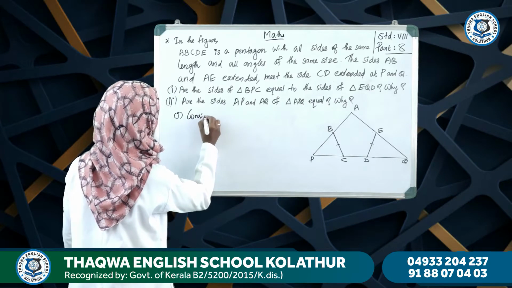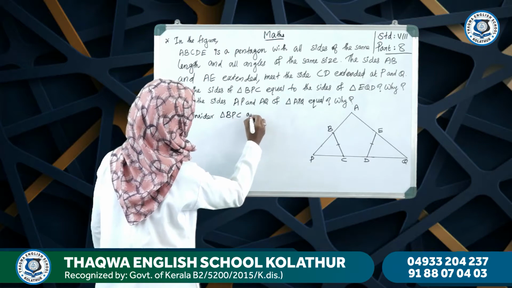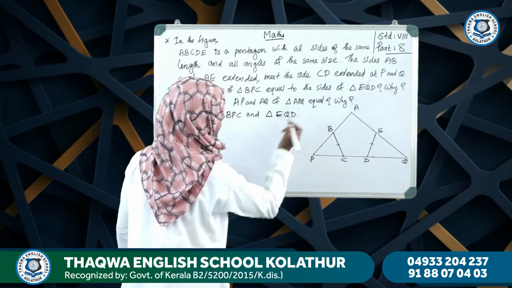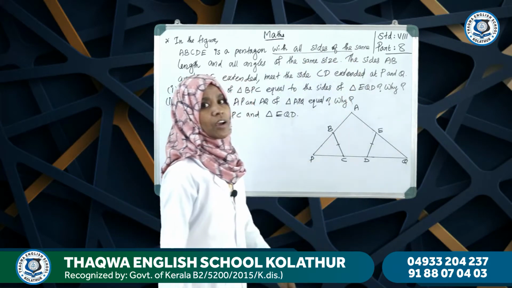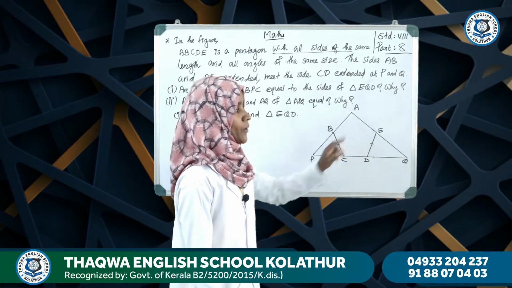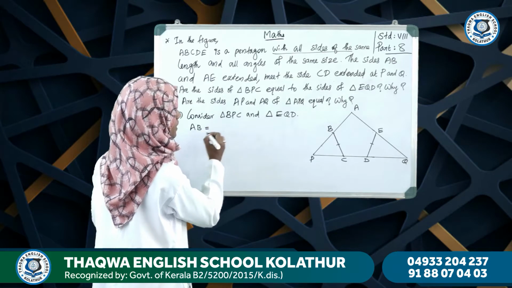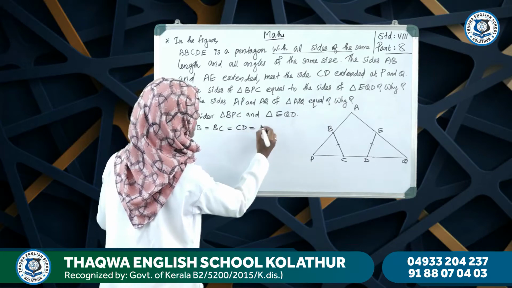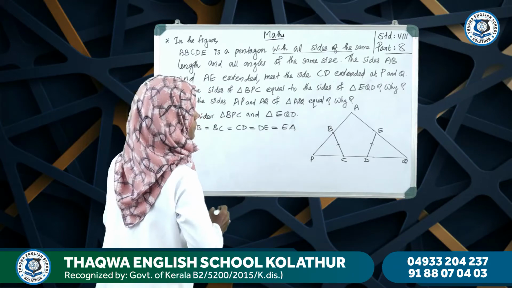Consider triangle BPC and triangle EQD. In the question, we have given all sides and the angles of this pentagon are equal. That is, we can write AB equals BC equals CD equals DE equals EA.